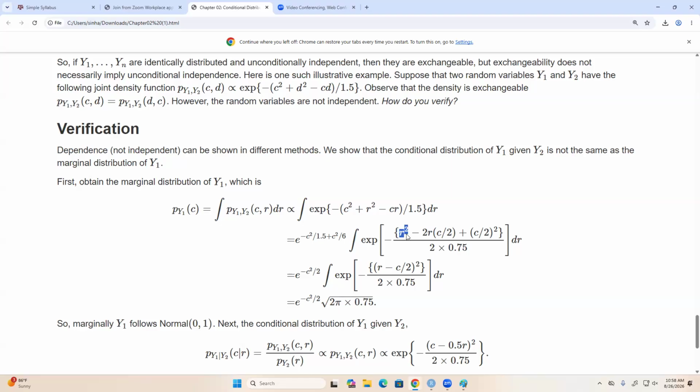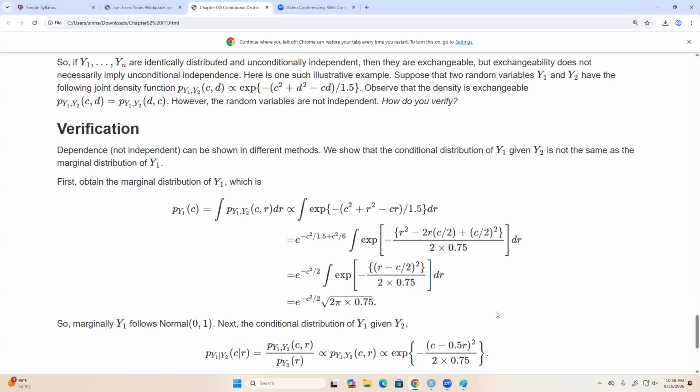I have an r squared term and a minus c times r term. I do the square completion. Now, this is another important thing. To do integration of something like e to the power minus x squared and a linear term, you can do the integration if the range of integration is minus infinity to plus infinity.